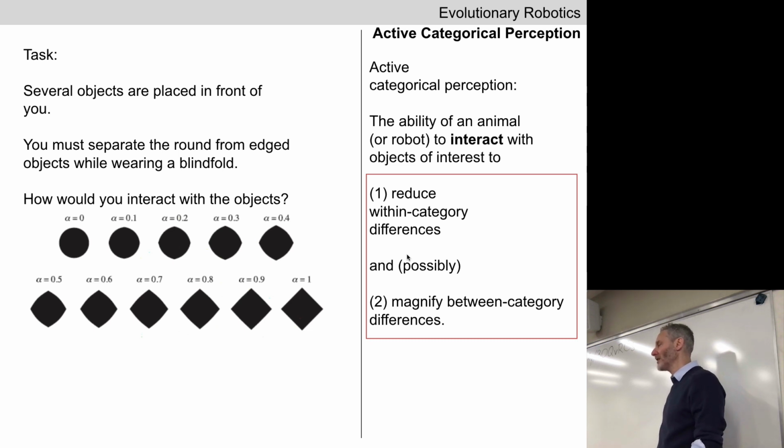They all feel different. They all feel the same. We're going to see in a moment that evolution is going to look for ways to move the robot so that it reduces its felt within category differences, and those actions magnify the robot's felt between category differences. Make sense? Okay, off we go.